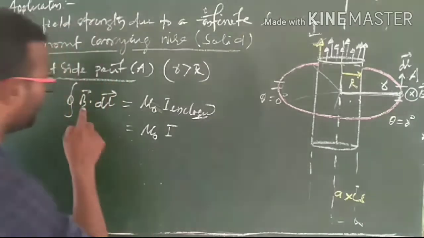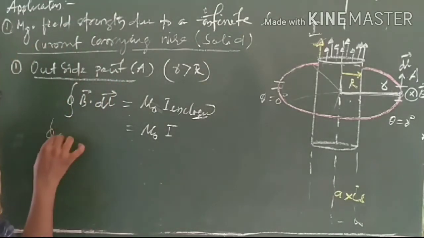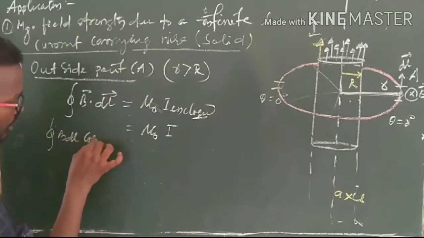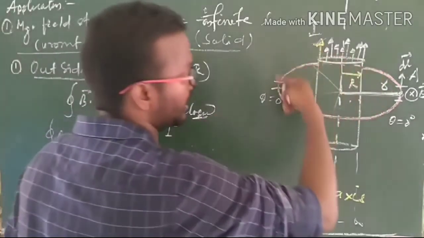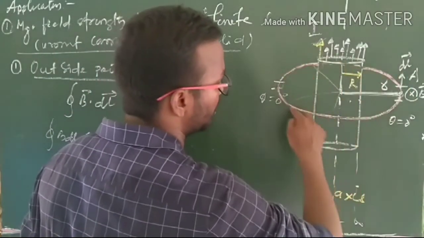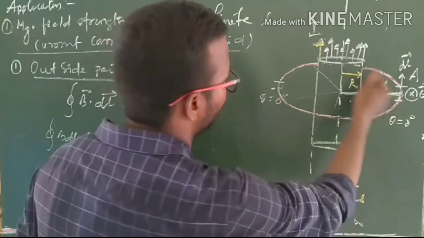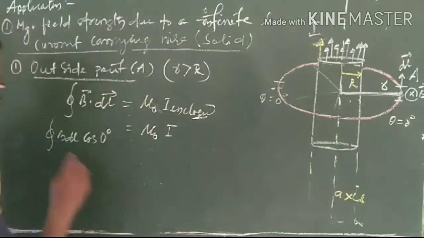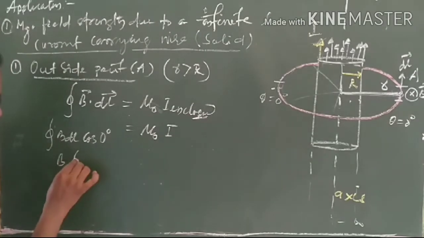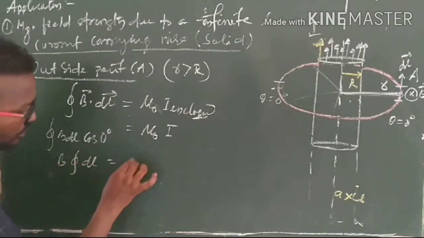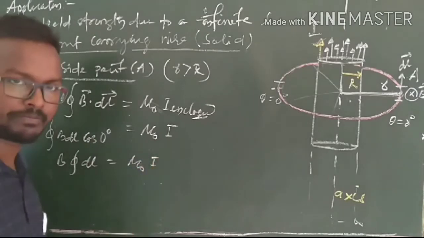Next, B·dl is equal to B dl cos θ, but θ here is 0 degrees at each and every point on the Amperian loop. So you can write B dl cos 0. B is a constant quantity, so you can take it out of the integral, leaving the integral of dl, which is equal to μ₀I.